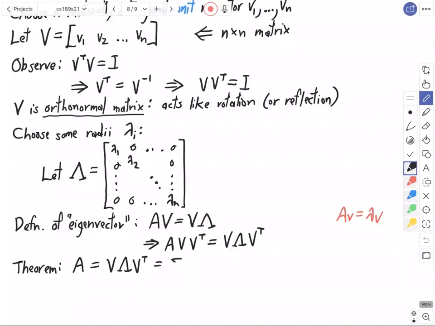Let me write this another way as well. I think it's useful to notice that the matrix A can be expressed as a sum over all the eigenvectors, where for each eigenvector you add in lambda i times v i v i transpose. Notice that this is not an inner product. It's not v i transpose v i, it's v i v i transpose, and there's a name for that: an outer product matrix.